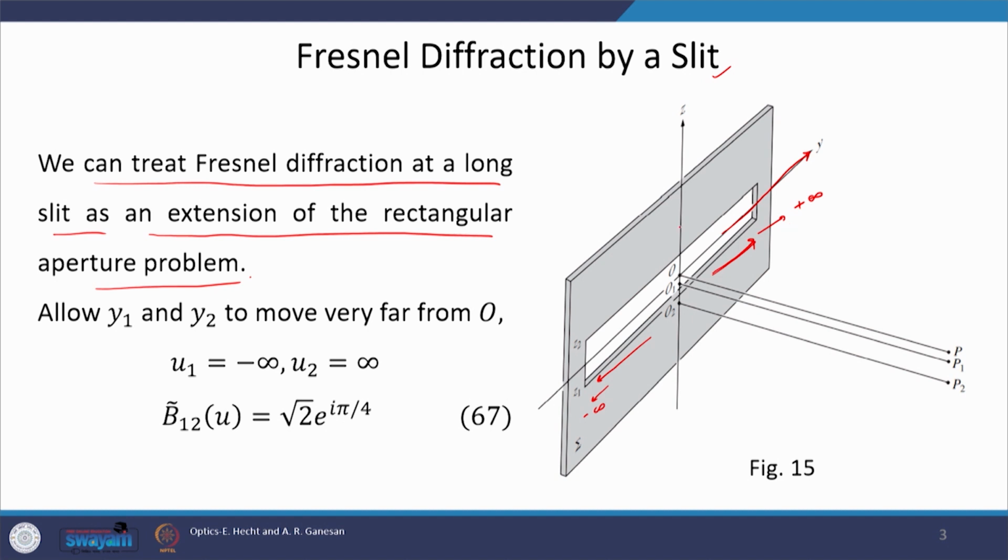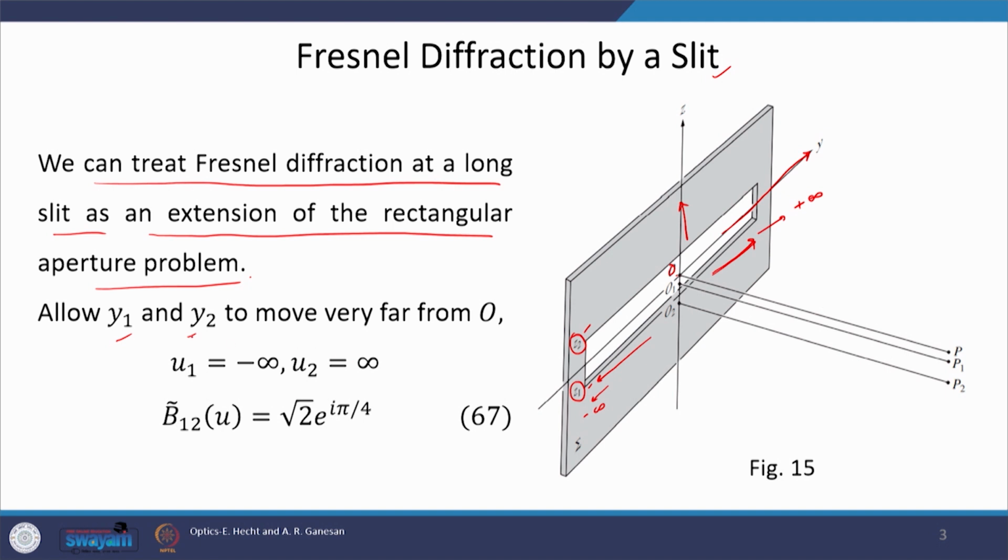While in the vertical direction along the z axis, the slit coordinates are z1 and z2 as depicted in this figure. Therefore, the extremities of the slit in the y direction, which are y1 and y2, would be moved very far from the origin O. O is the origin of the coordinate system placed in this aperture plane.